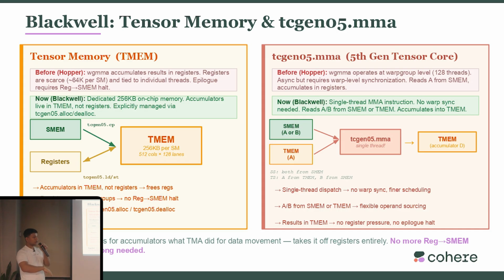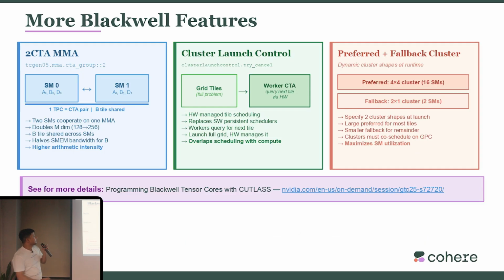So now you don't have registers in this pipeline. It basically decouples into 3 parts. In the case of Blackwell, there are 3 WOP specialized roles. One is the TMA load, the other is the MMA, and the third one is the epilogue.